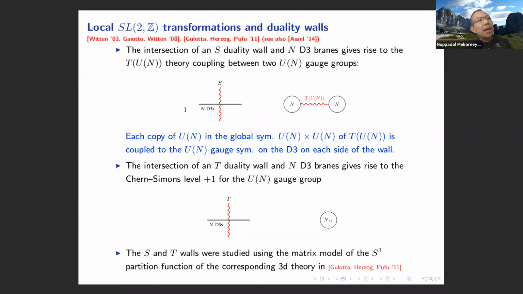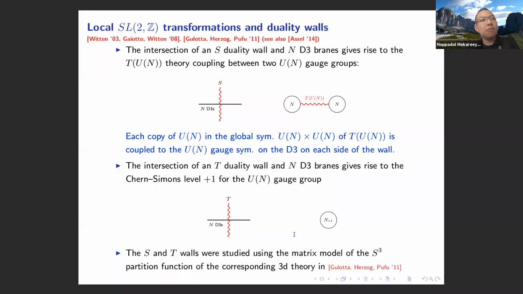Now you can see that N D3 branes introduce 4D N=4 super Yang-Mills on each side, right? You take that and associate it with the 3D theory, where the 3D theory is just T[U(N)] coupled to an external vector multiplet, which is U(N) and U(N). So this is the picture.